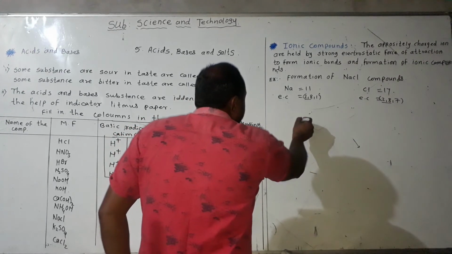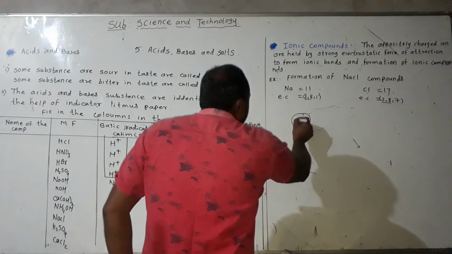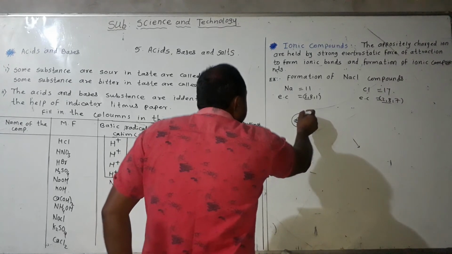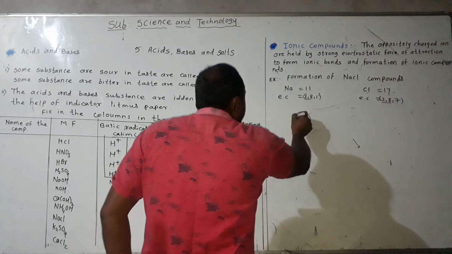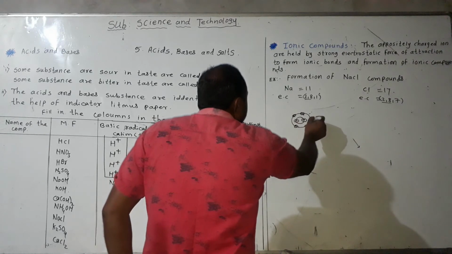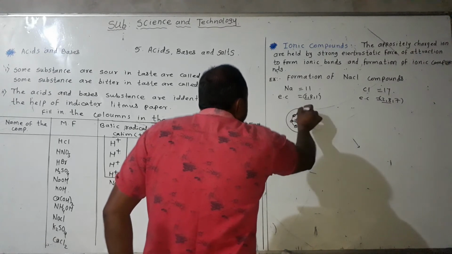Sodium atom, the Na atom: in the first shell how many electrons are there? 2 electrons. In the second shell how many electrons are there? 8. And in the last shell how many electrons are there?